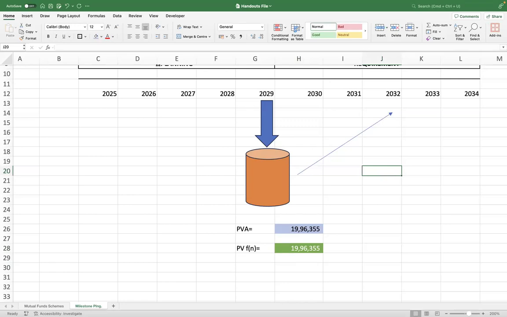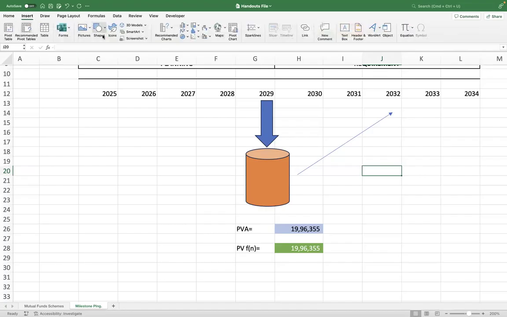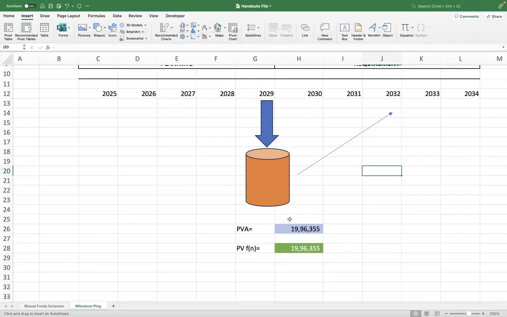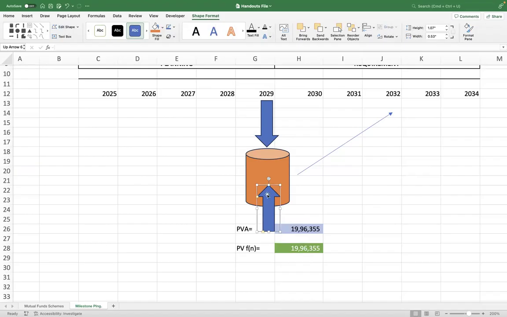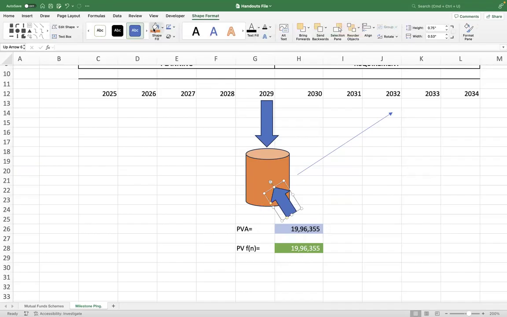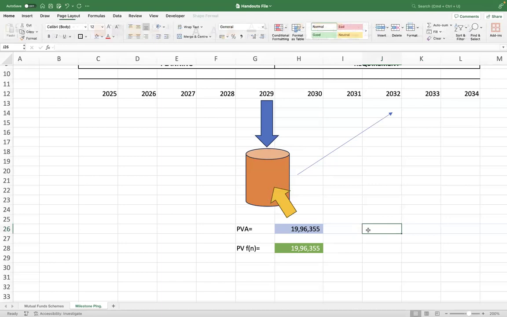Which means that in my kitty, here, I should have this value in my kitty end of 2029. ये वाली वैल्यू इस कॉर्पस में मेरे को चाहिए as of end of 2029. Then only I will be able to pay 5 lakhs per year from this kitty for my daughter.